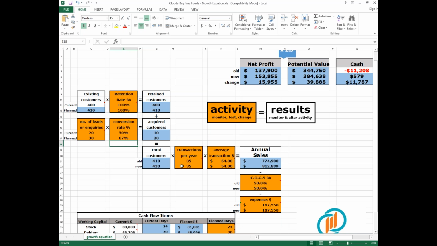We still haven't looked at the number of transactions per year or the average transaction value, but her sales are still up to 812. And you'll notice there's another $15,000 worth of profit up there. In a lot of small businesses, you'd be thinking, well, gee, that's a pretty good result. But I think the next couple of things that we do here might really surprise you.